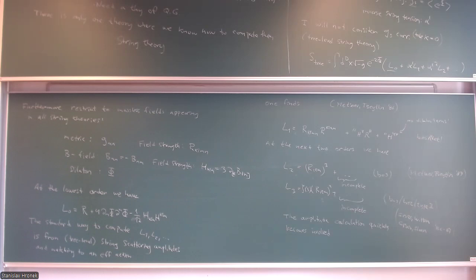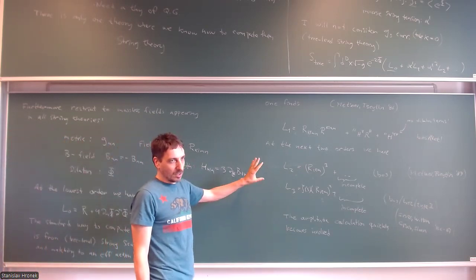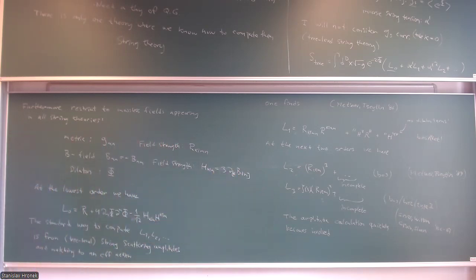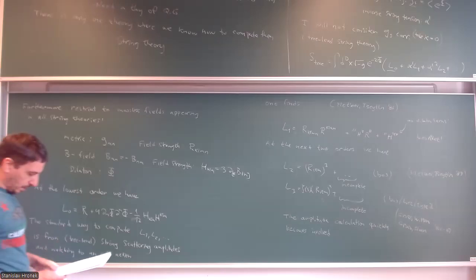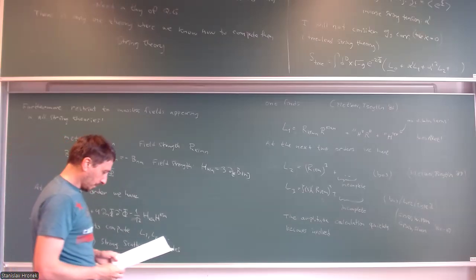So the form of this Lagrangian is not unambiguous by any means. There are lots of ways to rewrite it using integration by parts and the Bianchi identities, for example. And another thing that you can do is field redefinitions. So there's lots of ambiguity coming from the freedom to do that.